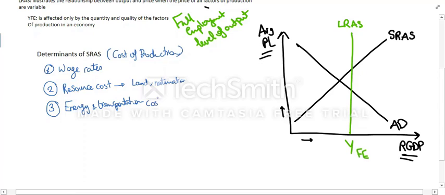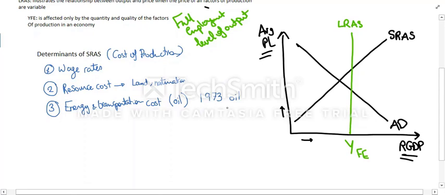If we look at energy, which is mainly from oil, the example that comes to mind is the 1973 oil crisis, when OPEC, the Organization of Petroleum Exporting Countries, put a quota on and restricted the amount of oil exported.